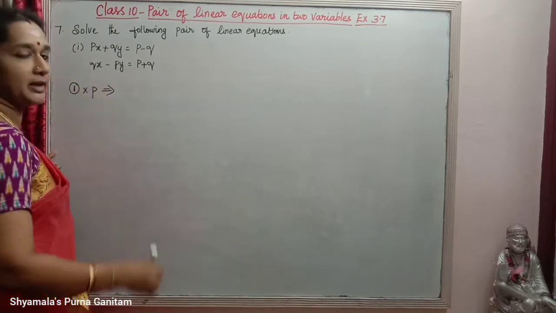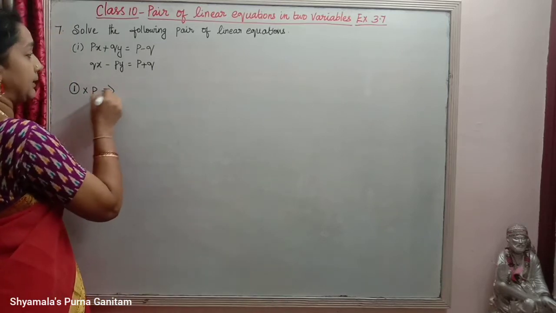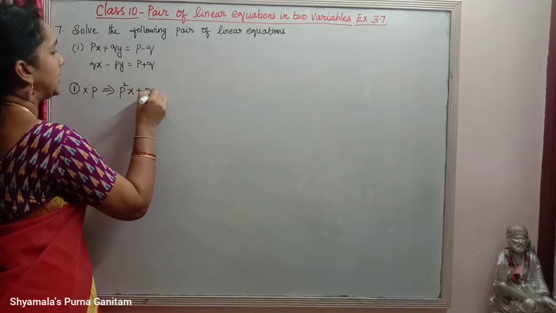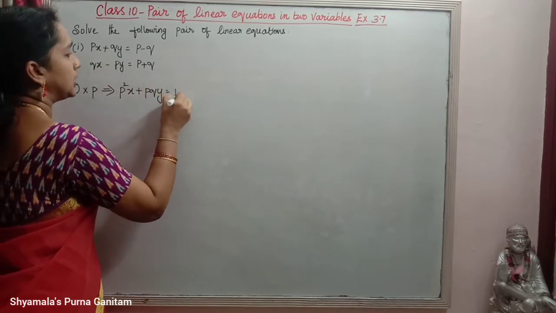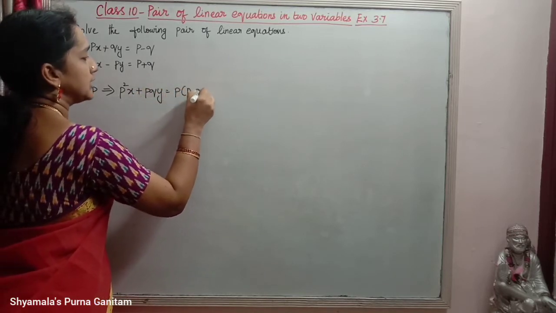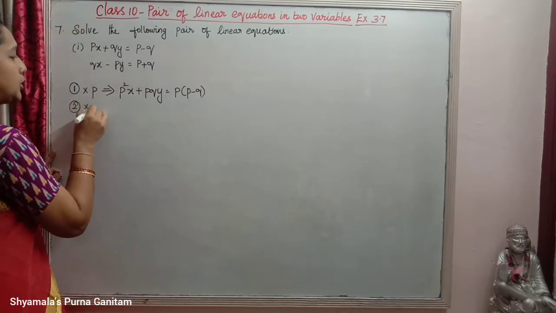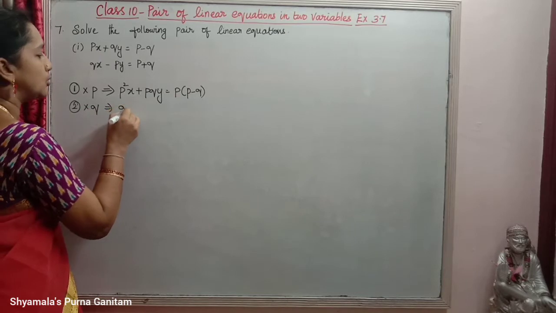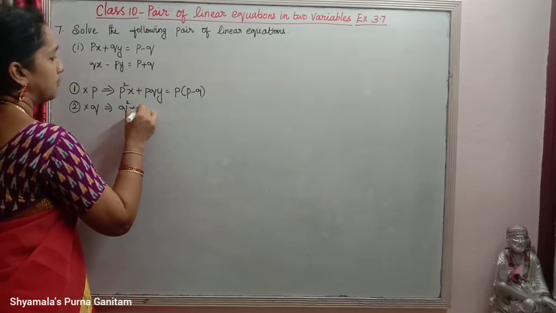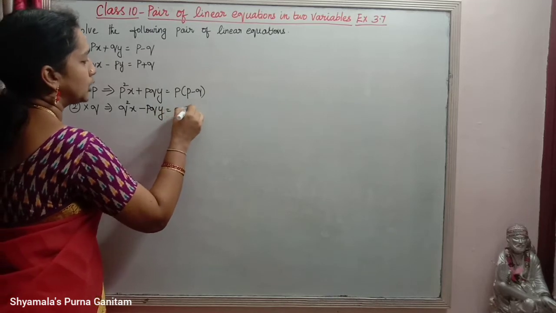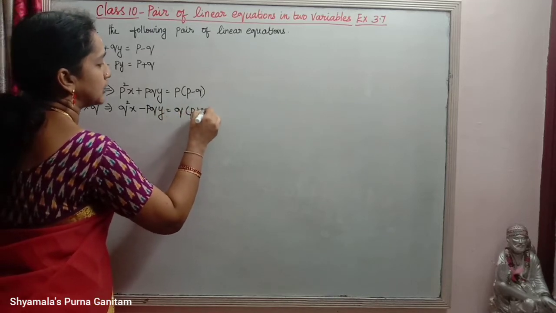So if I multiply the first equation by p, I will get p squared x plus pqy is equal to p into p minus q. Okay, then second equation is into q. So q squared x minus pqy is equal to q into p plus q.